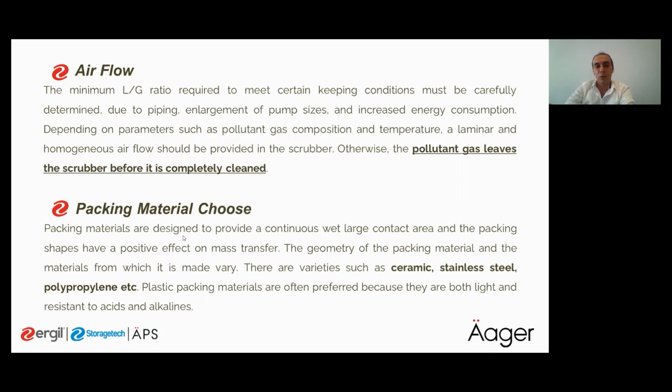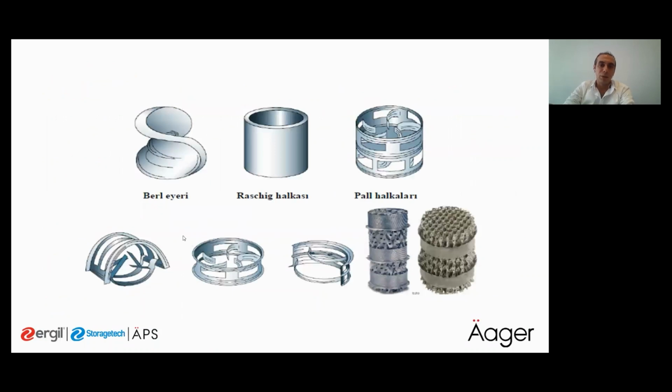The packing materials should be chosen correctly. If acidic gas comes to the scrubber, you cannot use a steel type of packing material. It will corrode and deform. So this is another important issue that affects the performance of the scrubber. These are the types of packing material, like Berl saddles, Raschig rings, Pall rings, and other shapes of rings.